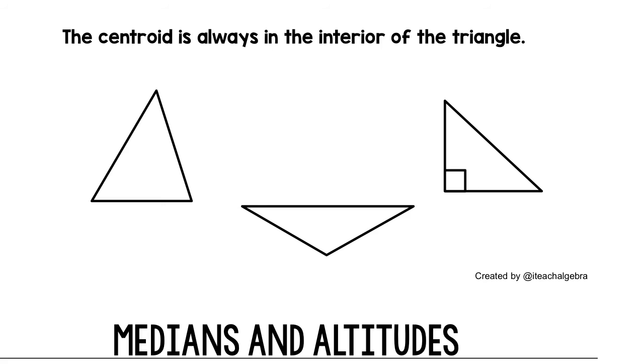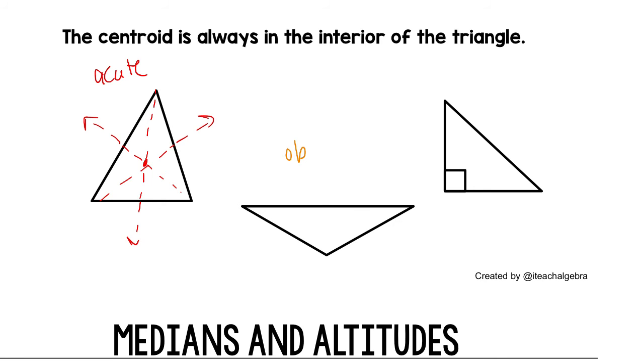The centroid is always in the center of the triangle, no matter what. So in an acute triangle, we have a median that looks like that, and like that, and like that. Centroid is in the center, and that's an acute triangle.